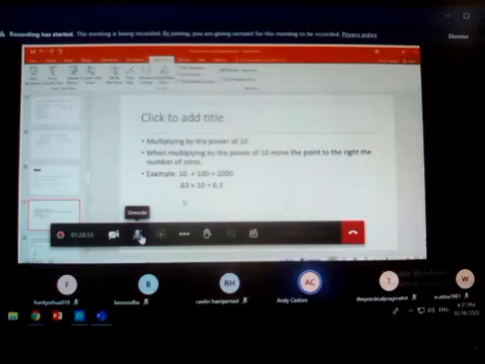If we multiply this by 10, we're moving the point one place to the right, because 10 has one 0. So you multiply the 0.63, moving one place to the right, and that now turns to 6.3.